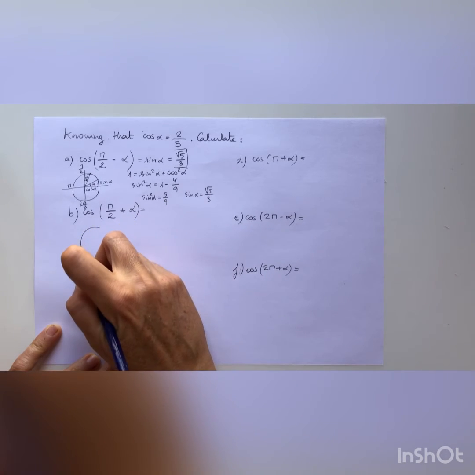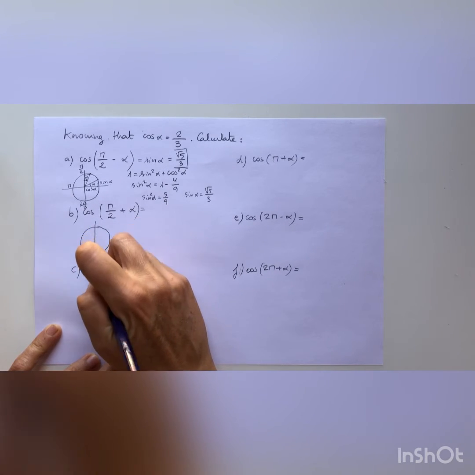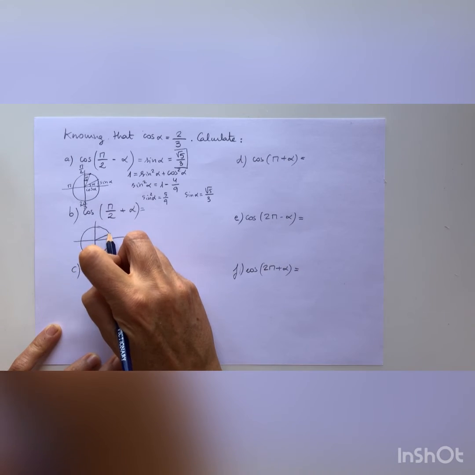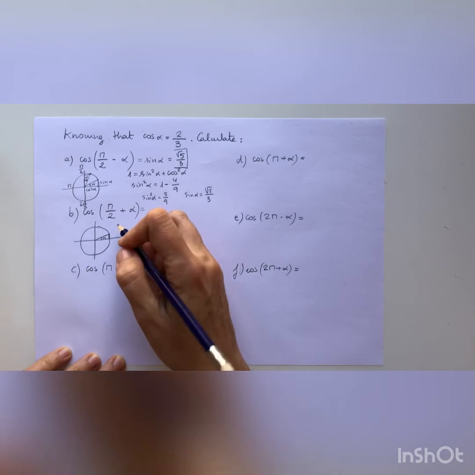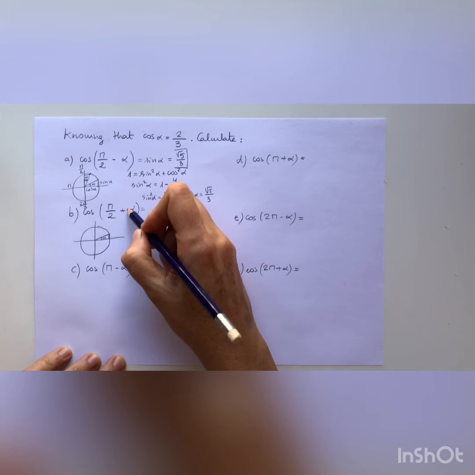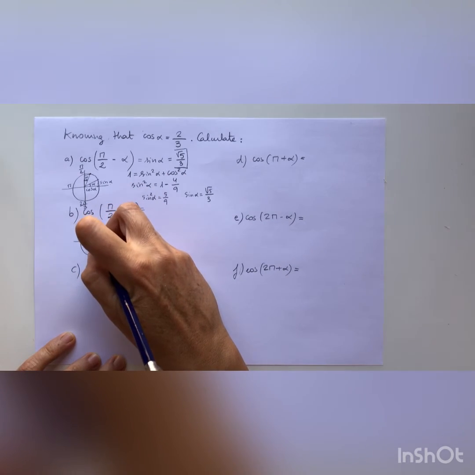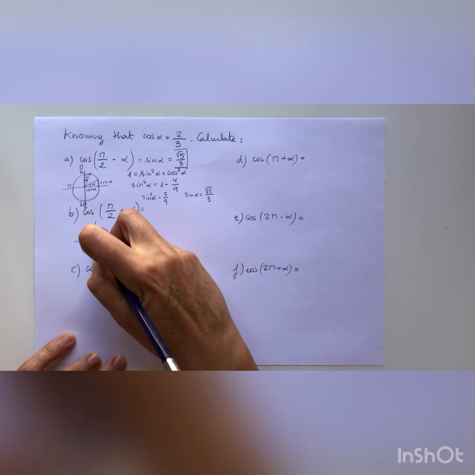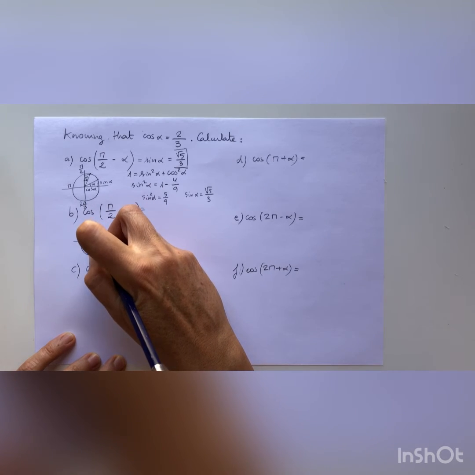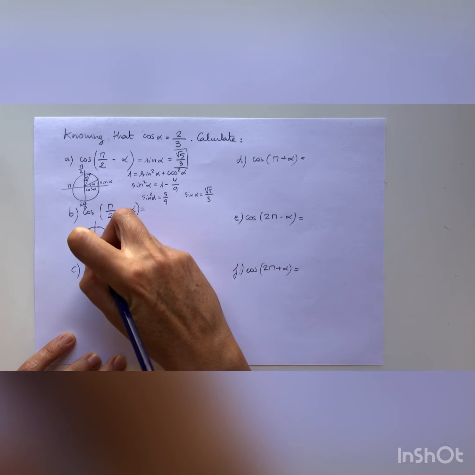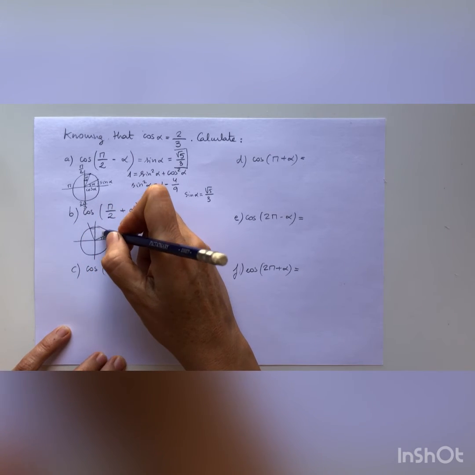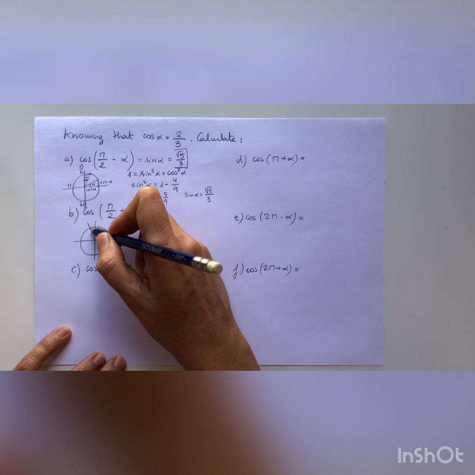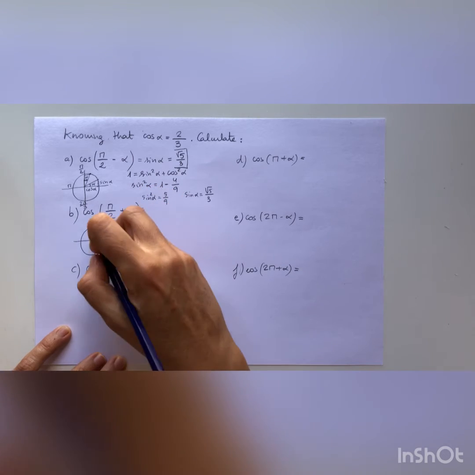Then we have to calculate this. I'm going to draw my unit circle again. Here we have our angle alpha. Remember sine and cosine. And I need to calculate cosine of pi halves plus alpha. Pi halves is from here to here. So plus alpha, I need to go anti-clockwise alpha degrees.